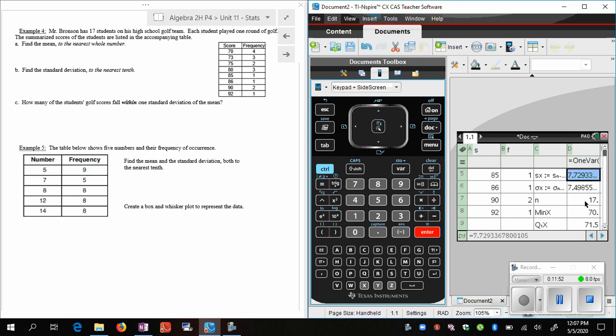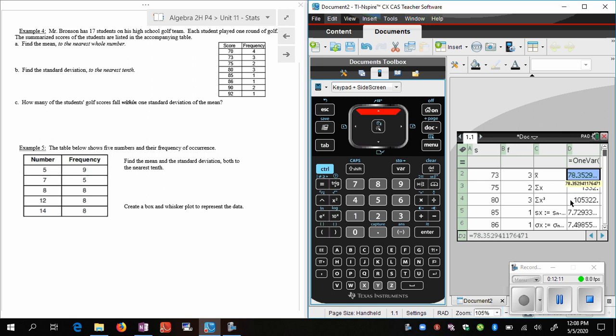N is 17. And in the question, it said that there were 17 students on the high school golf team. If I forgot to put the frequency list in, it would have given me N equal to, I think, 8 or 9.